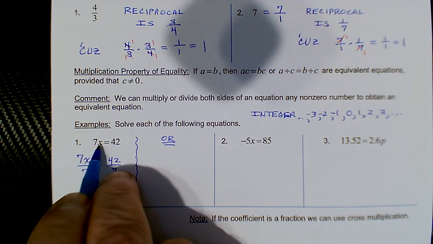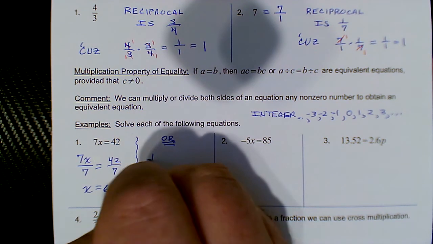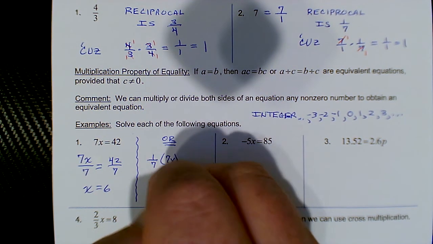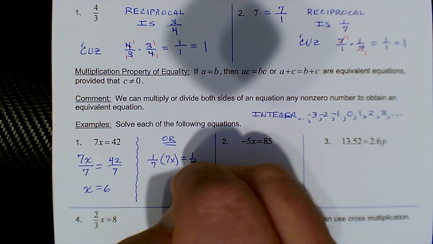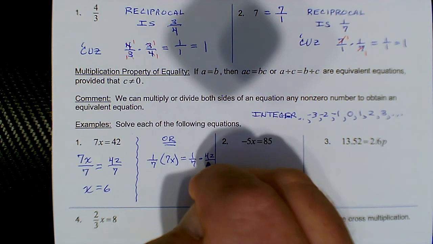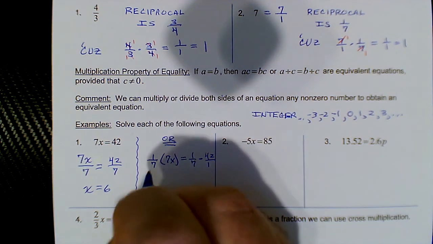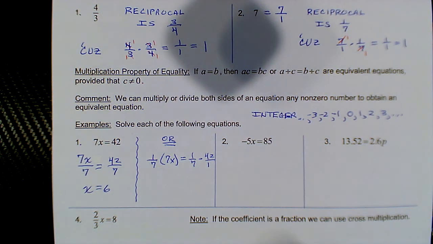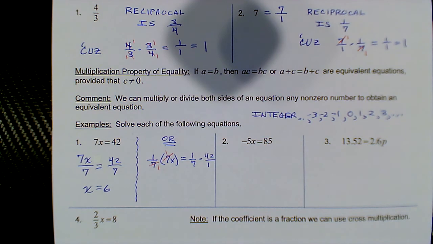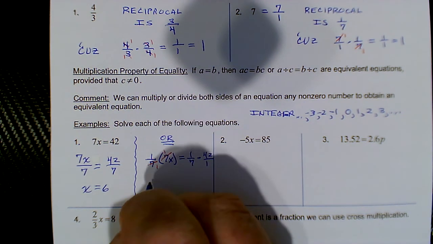And as we've just discussed, the reciprocal of 7 is 1/7. So you'd multiply both sides by 1/7. And you might even express the 42 over 1. And then these 7's on the left cancel, giving us 1x over 1, or 1x, or just simply x.